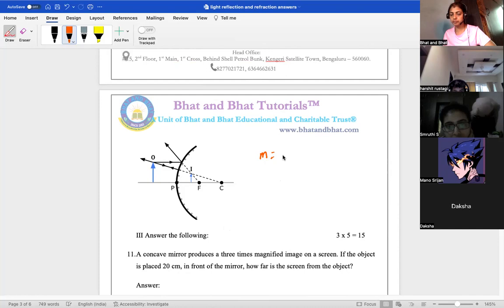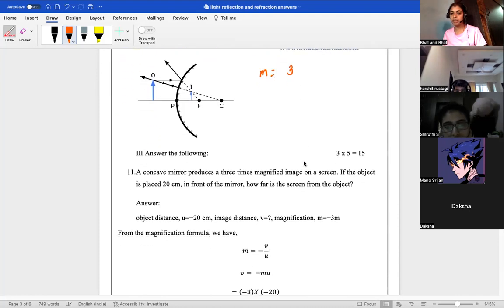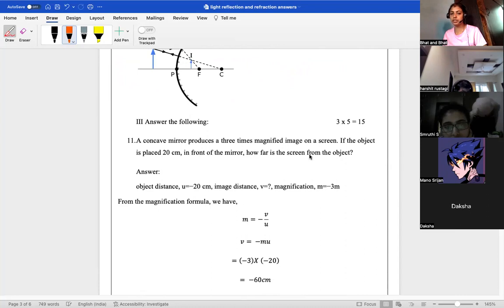How much? 3 times. So it is magnified 3 times, they are telling. So we know the formula m is equal to minus v by u. So from there only we will find v. M is given minus 3.